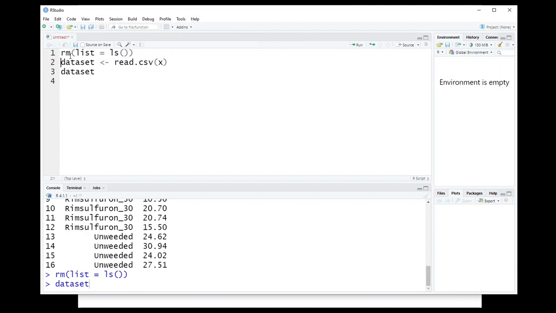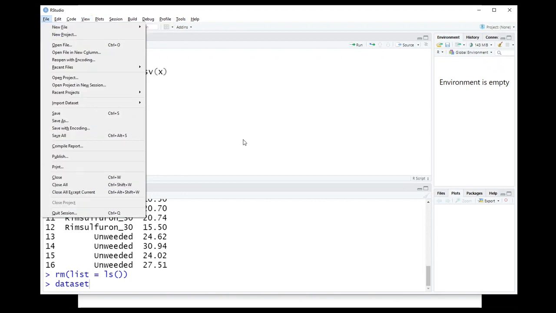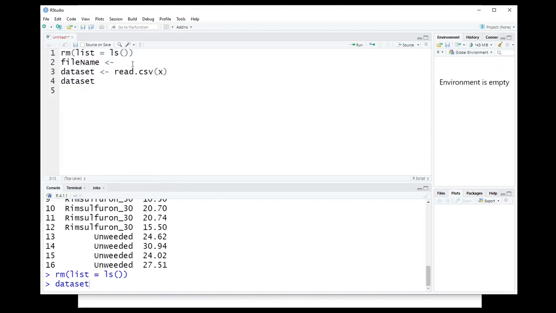Then we set the file name. Oops, sorry. Still making mistakes with this keyboard. I lost it. Never mind. So this is an internet address.